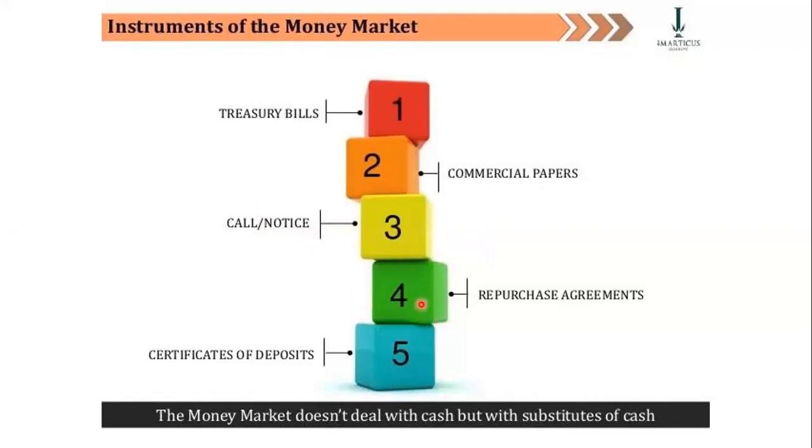And the repurchase agreement: they sell the instrument and later repurchase it. And certificates of deposit. These are the instruments used in the money market. The money market does not deal with cash but with substitutes of cash.